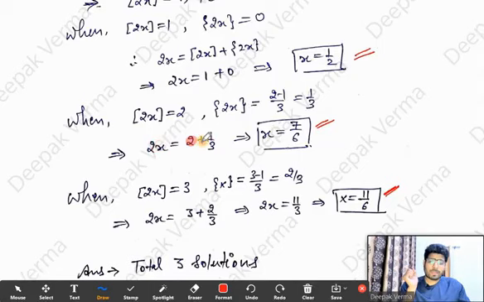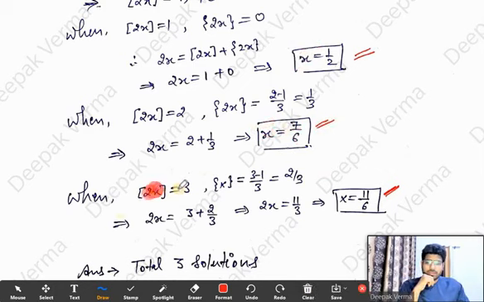Integral part is 2 plus fractional part comes out to be 1 by 3. Then we get 6 plus 1, 7 by 3, and 2 will come here and get multiplied by 3, and we will get 6 here. So x is equal to 7 by 6. Got it? This is again one of the solutions. So far we have two solutions.